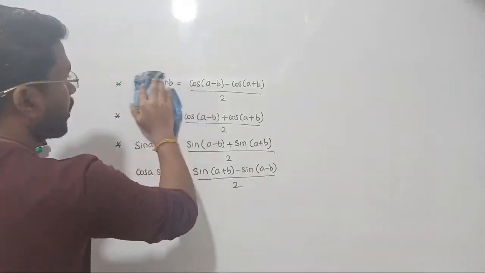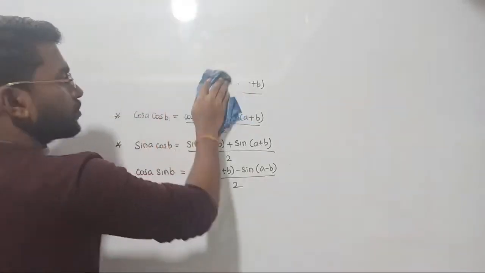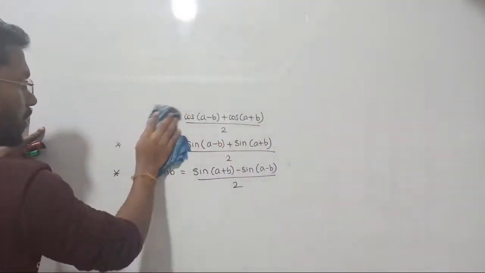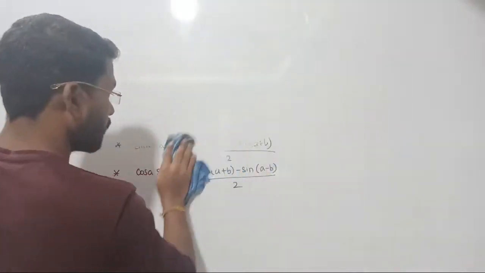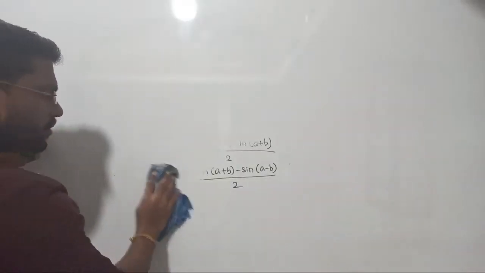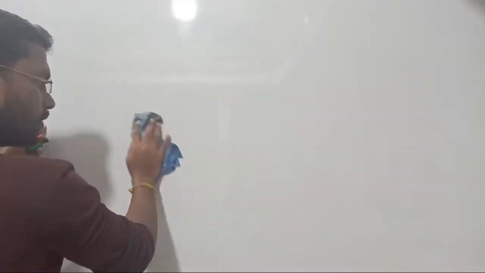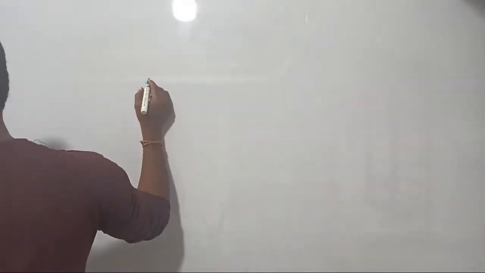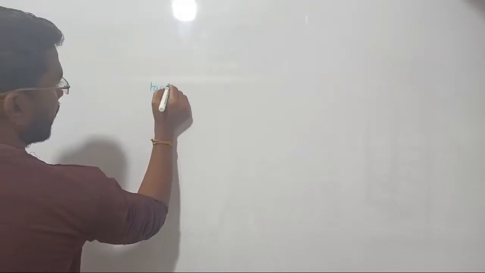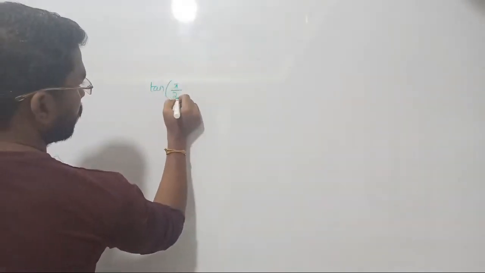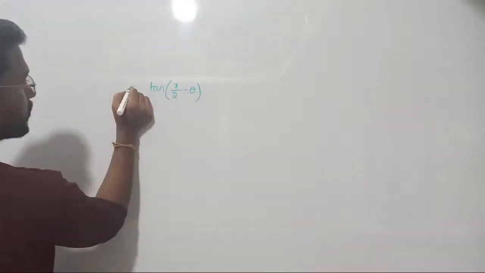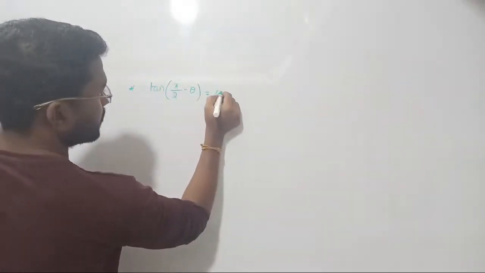I have done a few more calculations, and I'm giving those also. Please try to keep them with you; while solving problems, you can avoid mistakes. The first relation: tan of pi by 2 minus theta is equal to cot theta.